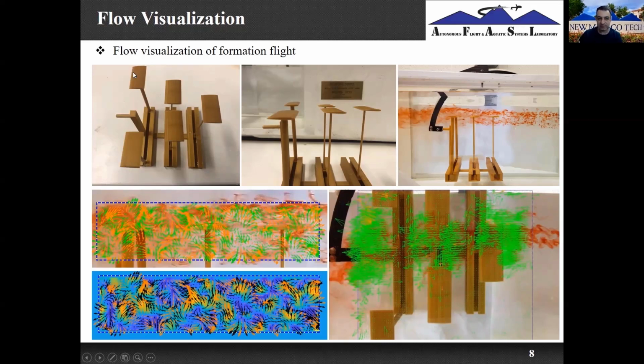For the thermofluid systems course, students 3D printed the formation of the wing, as you can see here. We put them in a water channel in a laminar flow with flow visualization. We saw how the flow acts once it passes through this V formation.